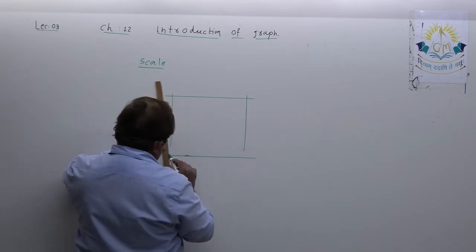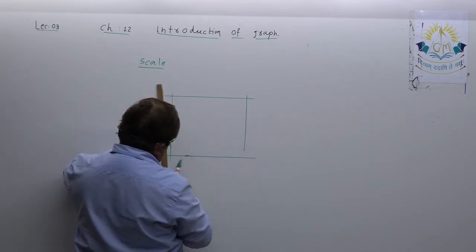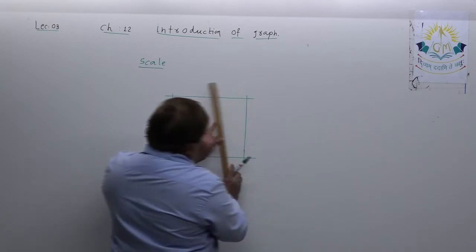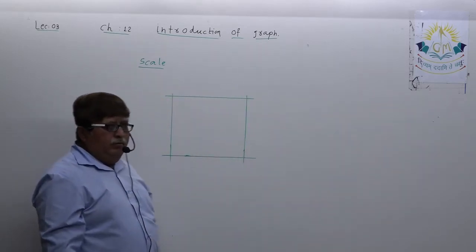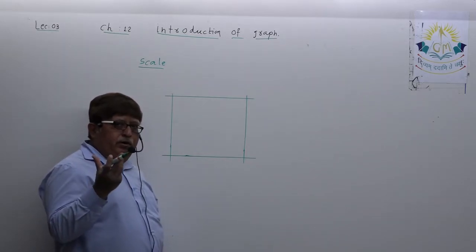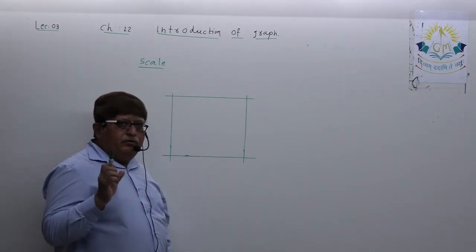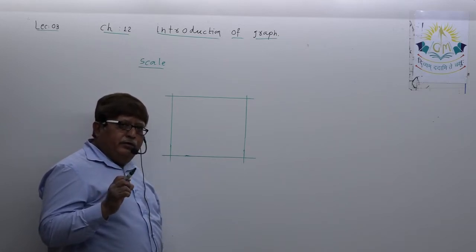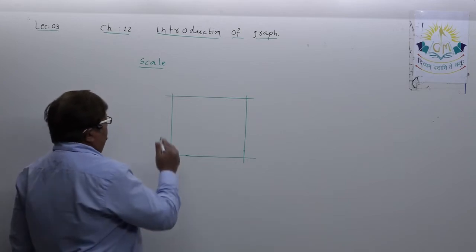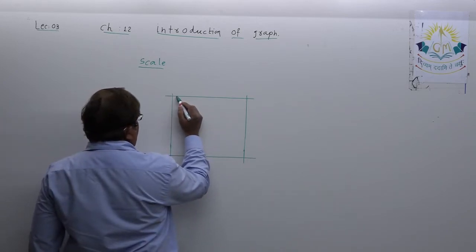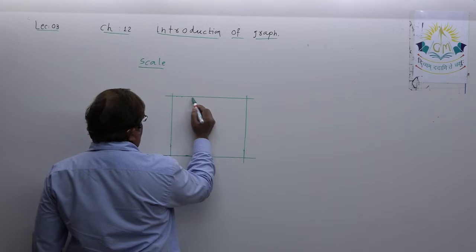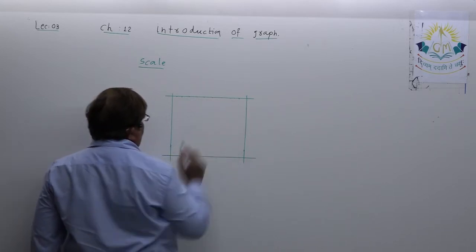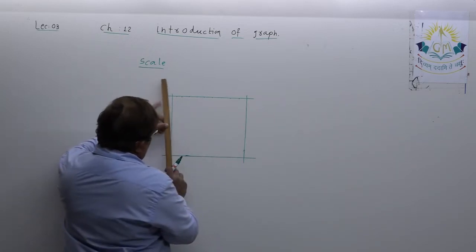Suppose one box, there are so many boxes. I have just drawn one box to make you understand the scale. Now as you know, there are 10 lines. 1, 2, 3, 4, 5, 6, 7, 8, 9. Okay, 10 lines. Let me draw them.